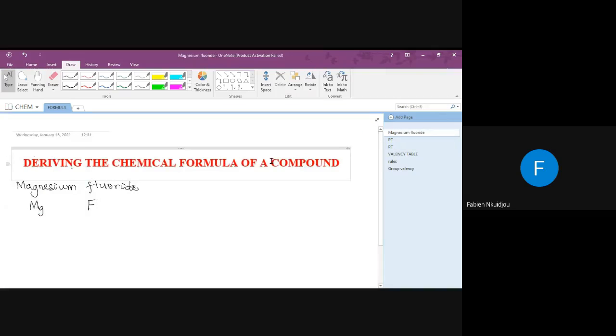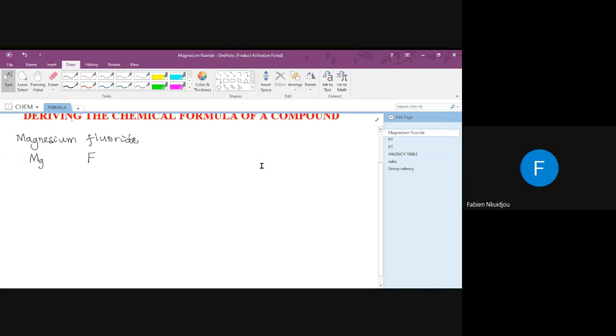Now, the second rule, remember, says we should write the valency of each element underneath the symbol. So for magnesium, we have 2, and for fluorine, the valency is 1.